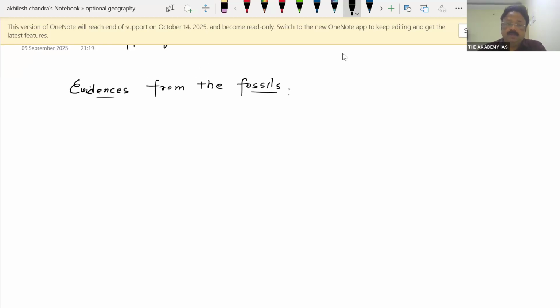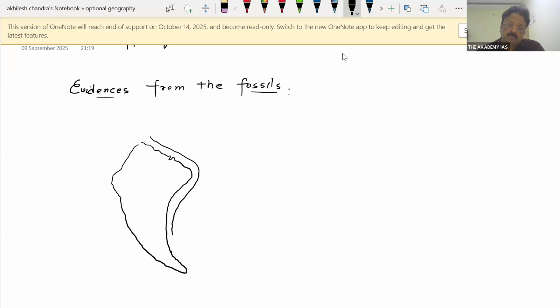From the Gondwana land, fossils of various plants as well as animals were recovered.